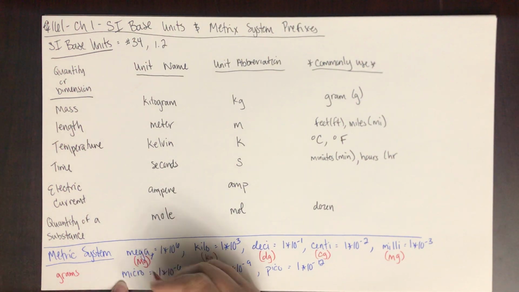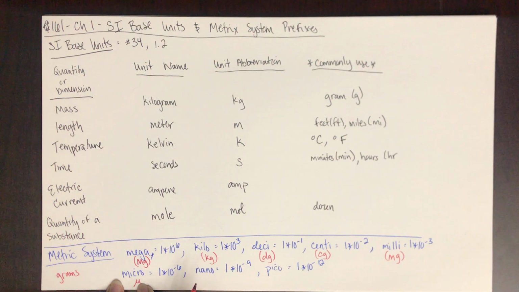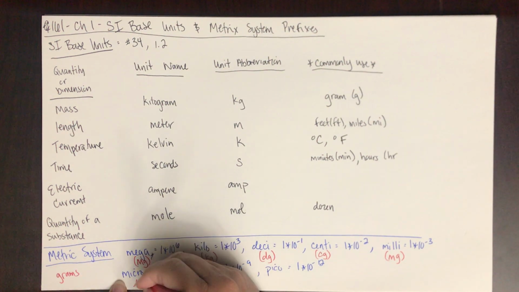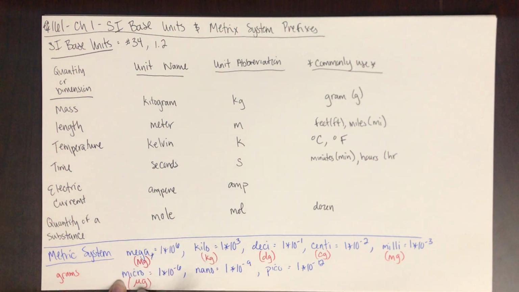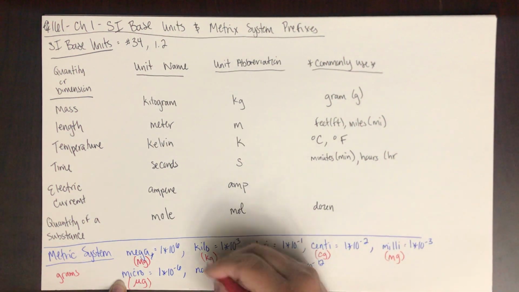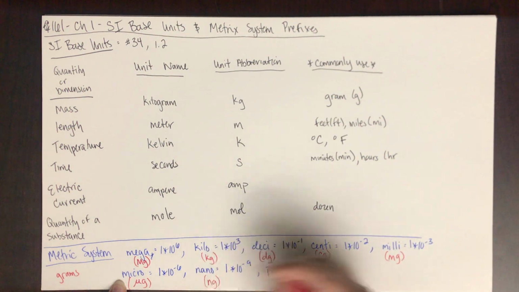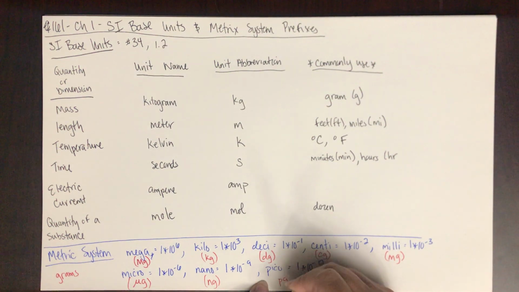The symbol for micro is the Greek letter mu, M-U. It looks like a U, but it has a long tail on the left-hand side and then a short tail on the right-hand side. That's a microgram, like this. That's 1 times 10 to the negative 6 grams. Nano is n, nanogram, and then pico is p, picogram.